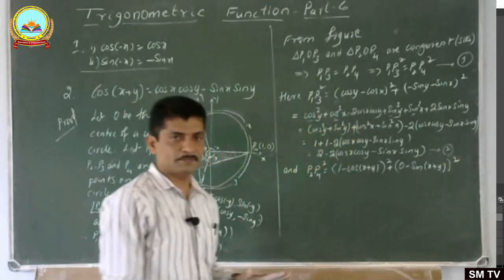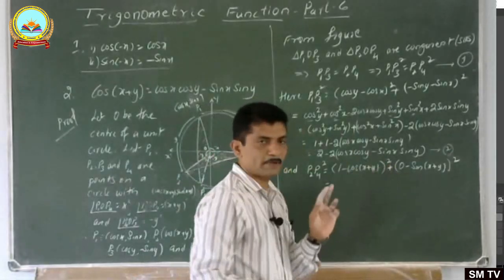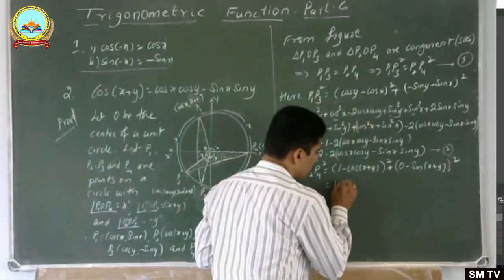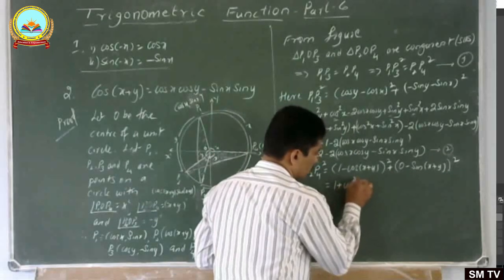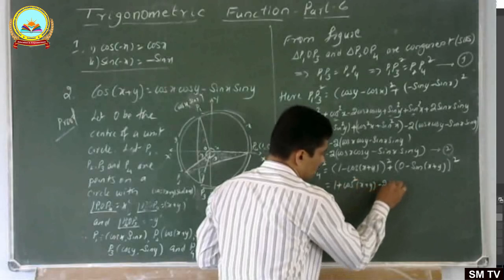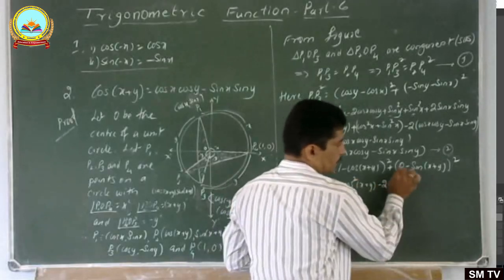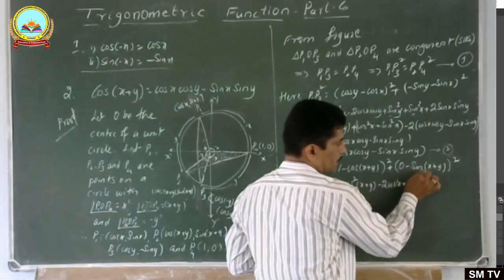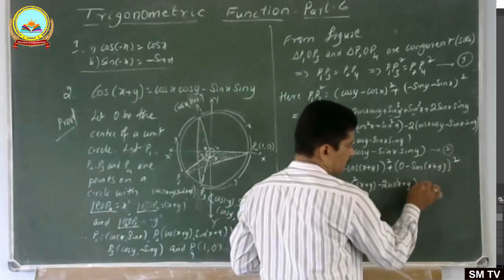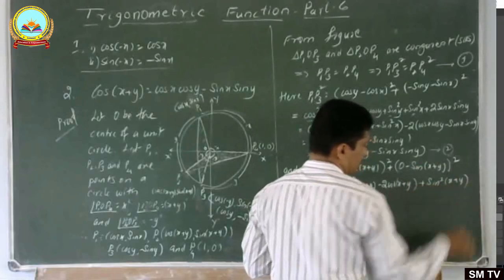It's clear? Then simplifying this, a minus b whole square form, its value is 1 plus cos square of x plus y minus 2 times cos of x plus y, plus 0 minus, it means minus sine of x plus y whole square, minus square is plus sine square of x plus y.